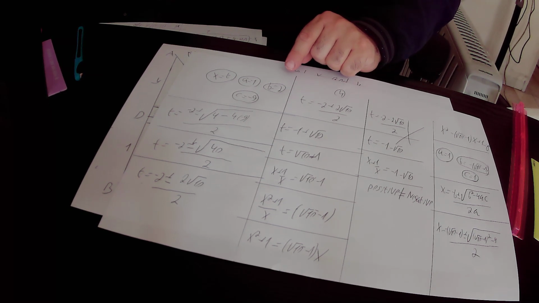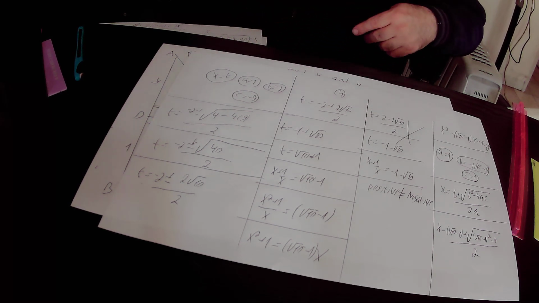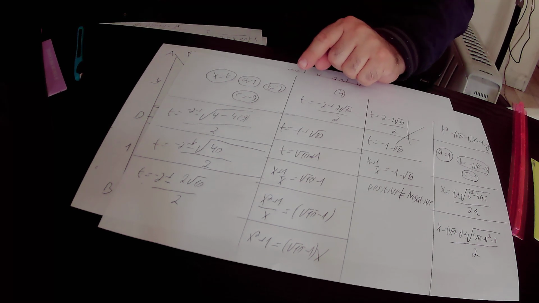So the only thing left to do is to put the data inside the formula and find the value of t. So here we will get that t equals minus b, which is minus 2, plus minus the square root of b squared.